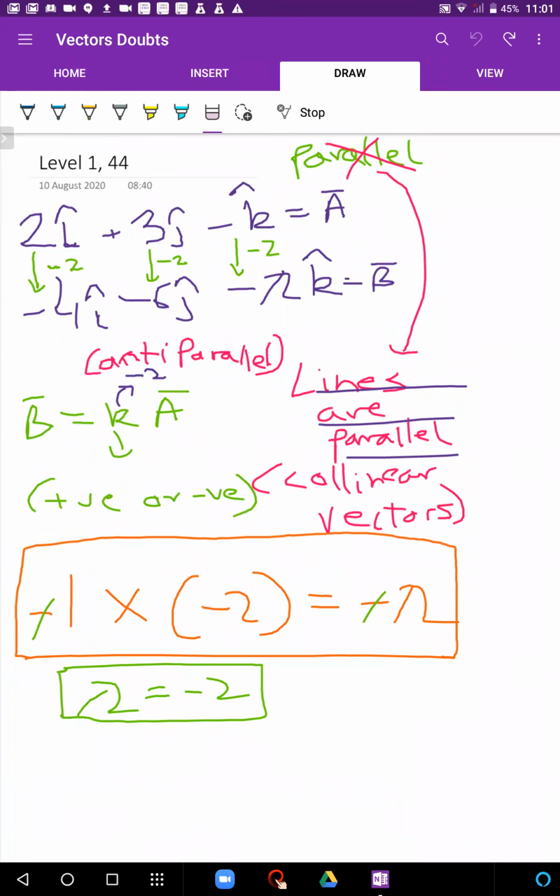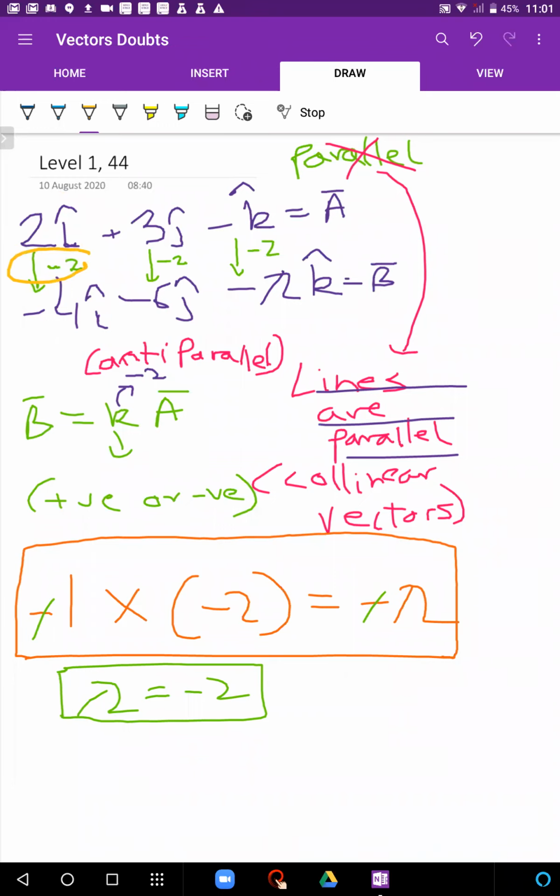Okay, now that said, how do I start to realize whether vector B is some number into A bar? You start looking at the coefficients. It's a simple thing. Here in A bar, in place of I cap there is 2, in B bar in place of I cap there is -4. What is the ratio? The ratio seems to be -2. That means I am getting B bar by multiplying A bar with -2.